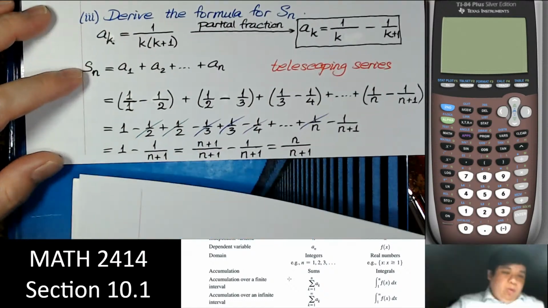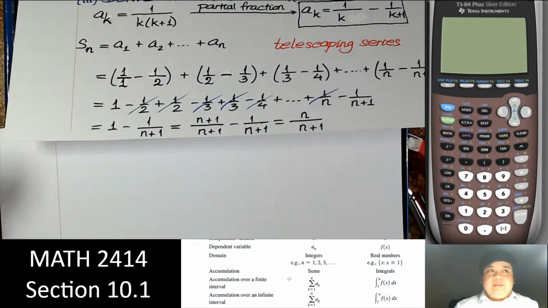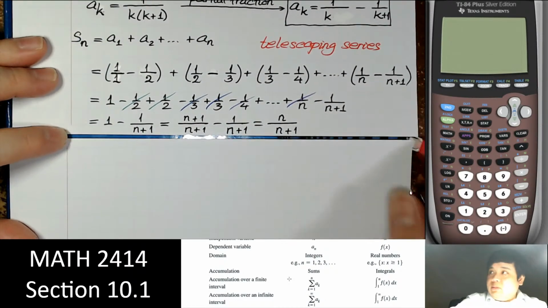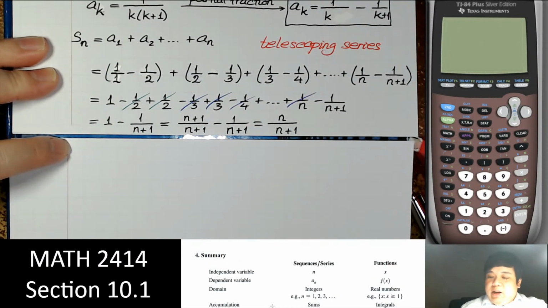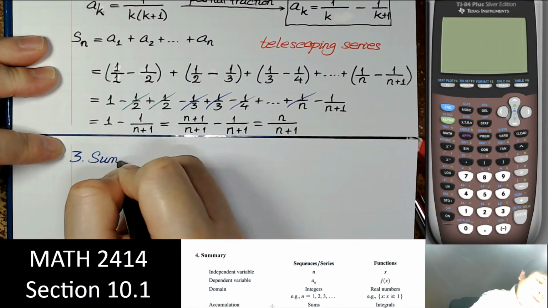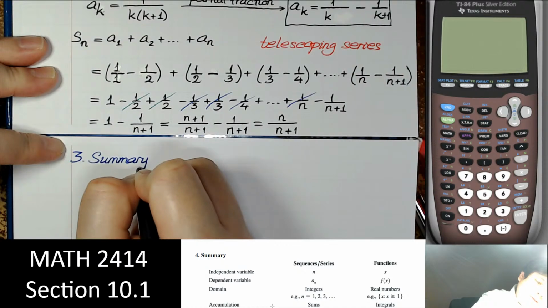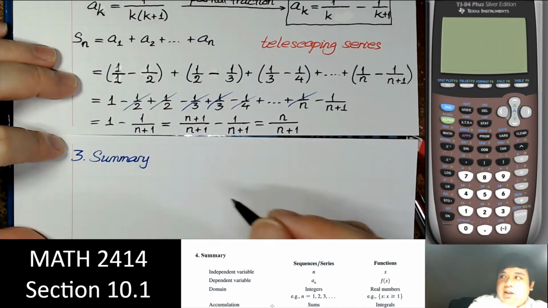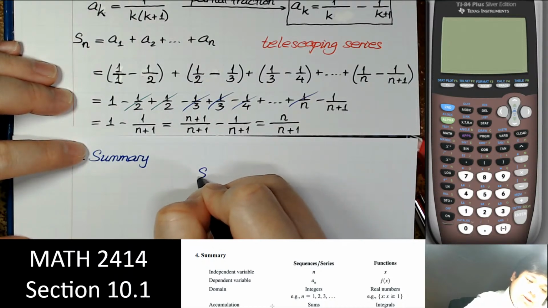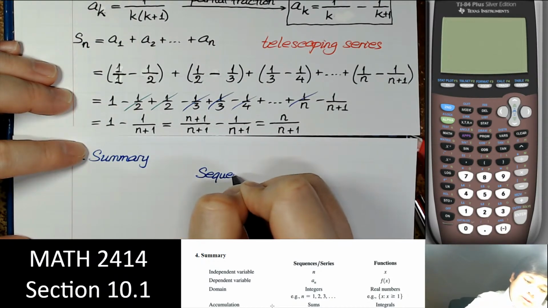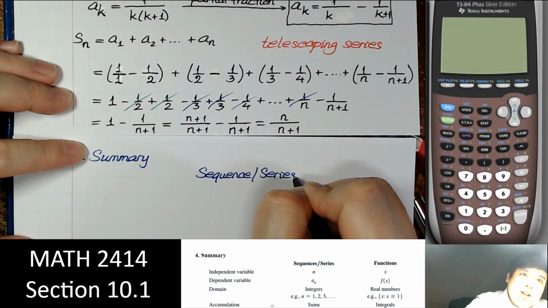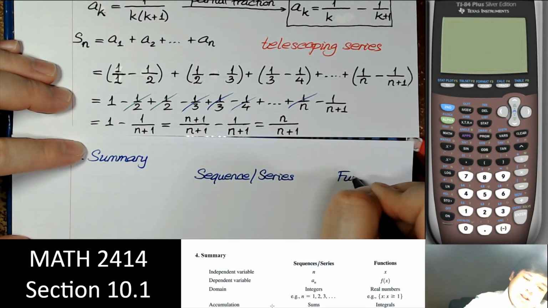We'll see this a few more times. Now, summaries. We have a sequence and series, and over here we have functions.